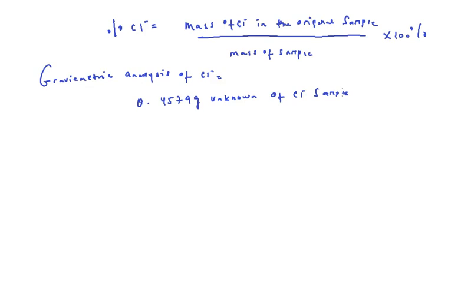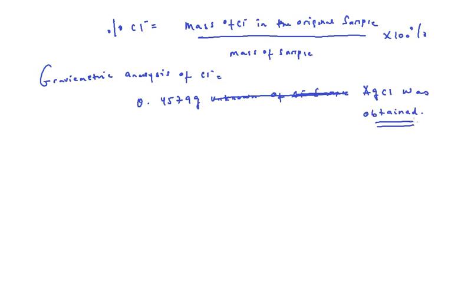Or let me put it in a different way. If you have a gravimetric chloride analysis, about 4.579 grams of silver chloride was obtained. Let me make it clear: 4.579 grams of silver chloride was obtained, after you did the precipitation, after you dried and weighed.